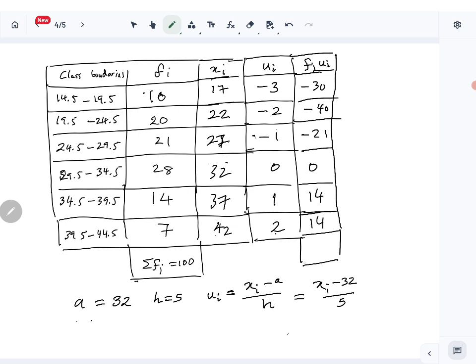So sigma fi ui is equal to minus 70, minus 91, 63. This is 63. So then let's find the mean.